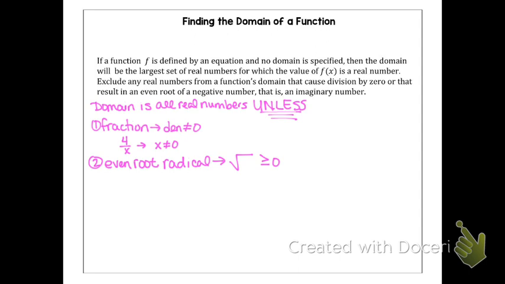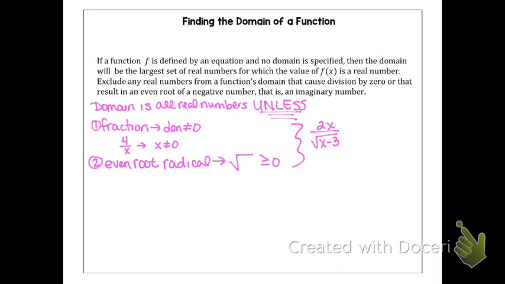But the one I see confuse people sometimes is when it's a combination but the radical is in the denominator. For example, if I had 2x over the square root of x minus 3, the 2x on top is no big deal. But we have a fraction, so we know our denominator cannot equal 0.